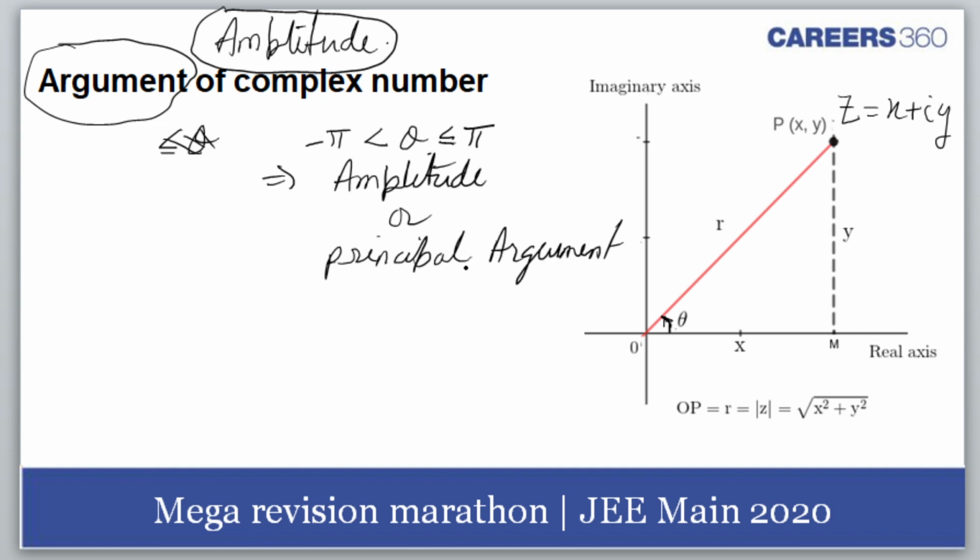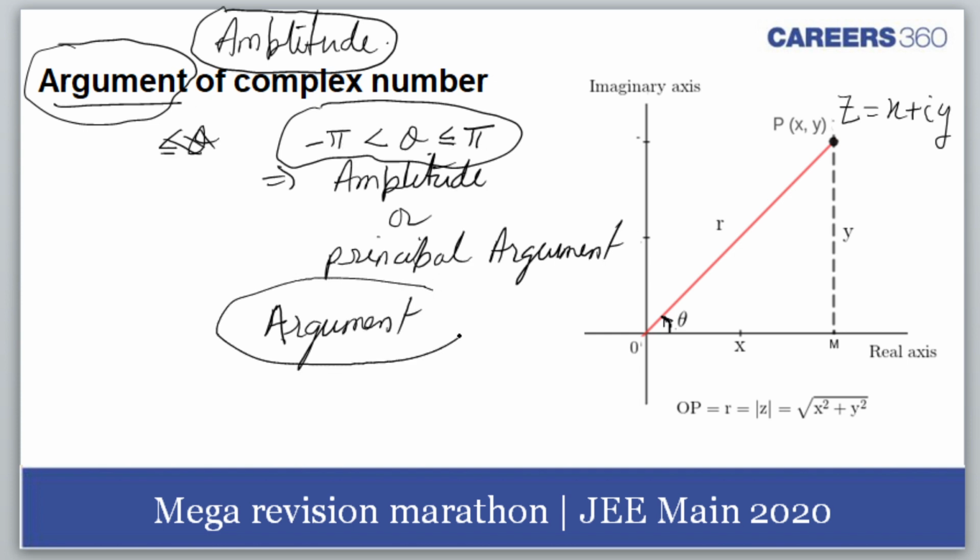Otherwise, it is argument. Any angle beyond this interval will be understood as an argument. So if somebody says the argument of a complex number is 390 degrees, we are referring to its argument. Any angle outside is known as argument. Okay, I hope you understand.